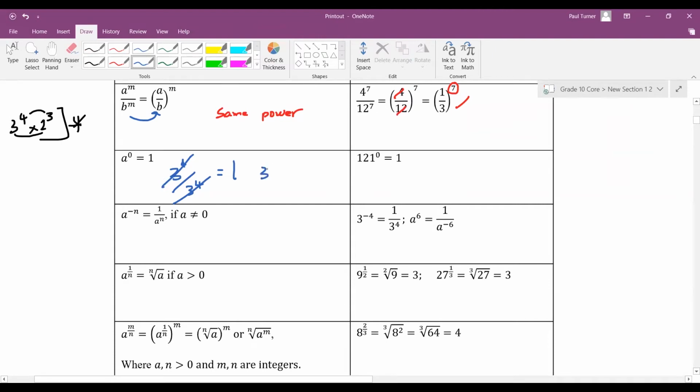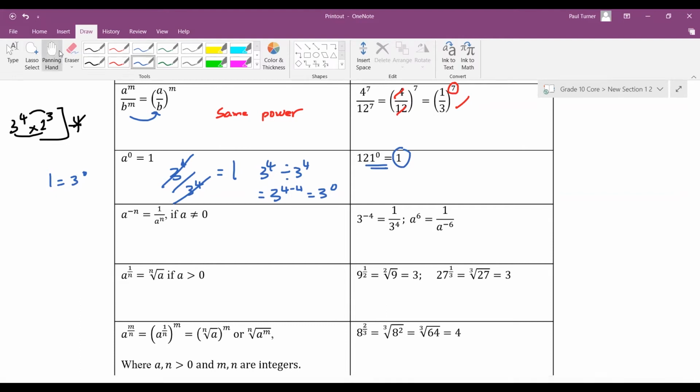But when we divide, we subtract the power, don't we? Back to the previous rule. So that would be 3^(4 minus 4), which is 3^0. So 1 is equal to 3^0 in that case. So anything to power 0 is 1, and your calculator will do that anyway.